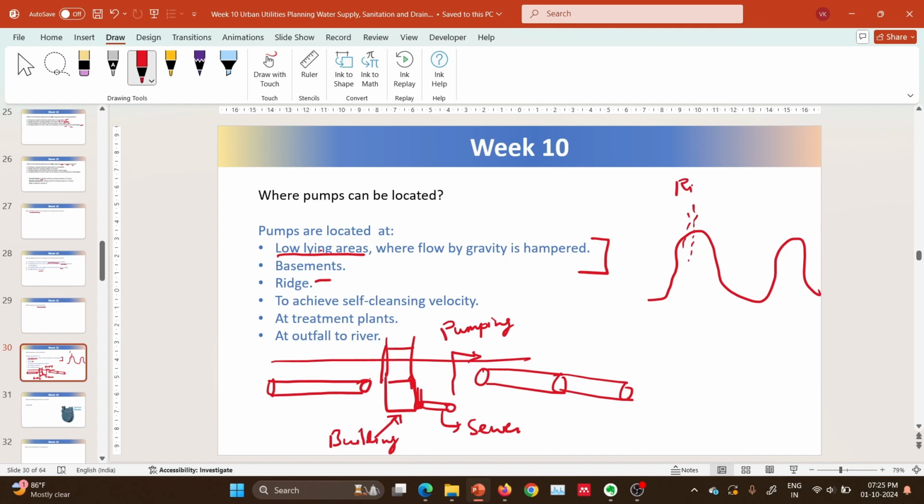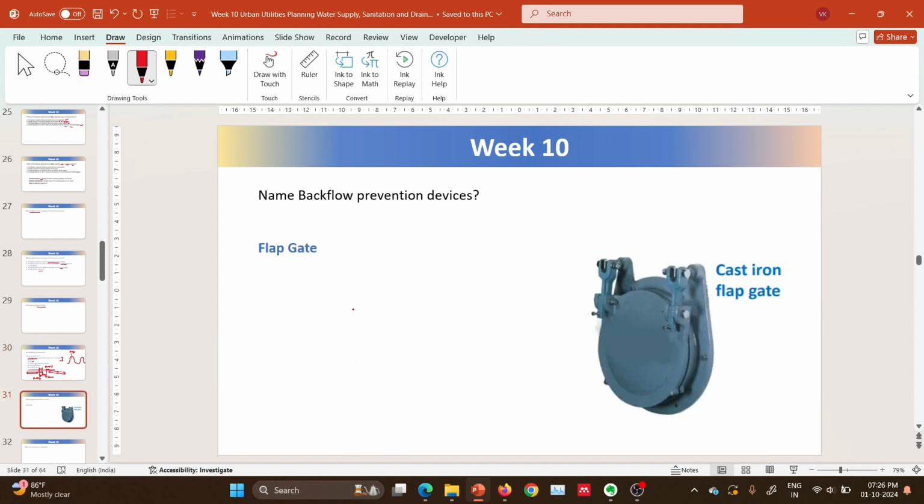If a sewer is passing through a ridge, then pumps can be provided for extra pumping. To achieve self-cleansing velocity, we need to provide pumping. So at the treatment plant and outfall, we know the pumps are very much required.